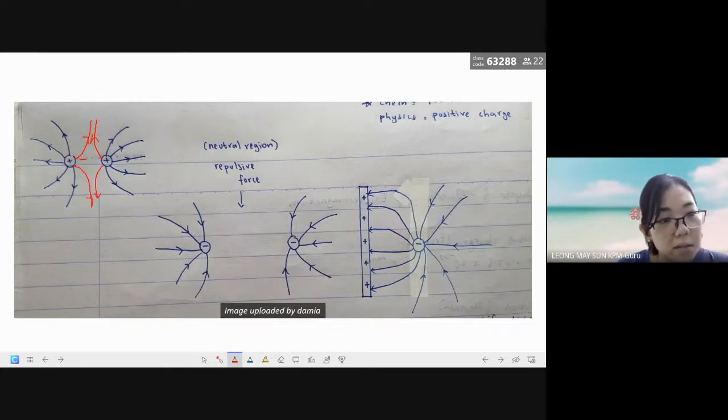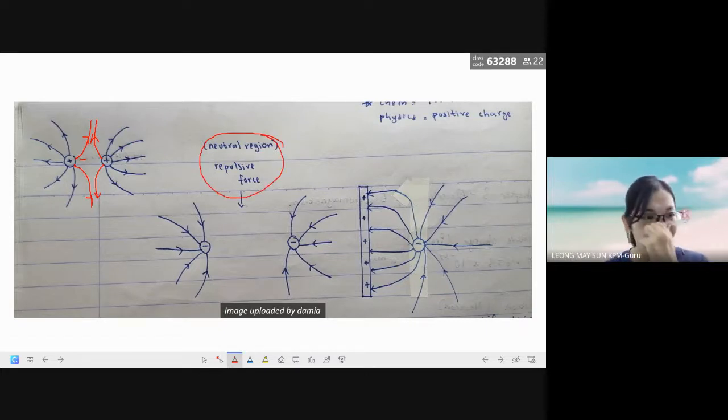Because the distance between the two charges that you are drawing looks quite far away from each other. So the neutral region, the repulsive force region, is not so far away. And when I mention the neutral region and the repulsive force region, in SPM this one no need to mention, okay? Only for your understanding itself. Okay, but arrow wise, correct.